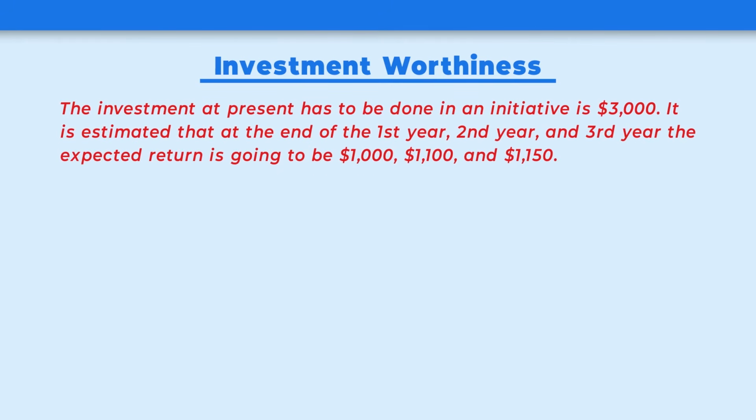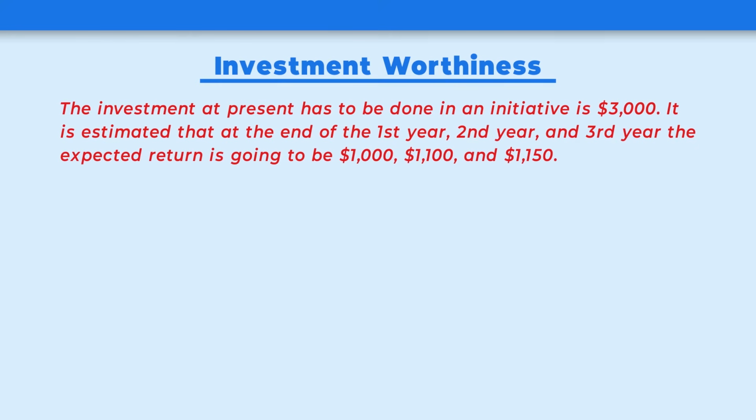Now it's time to look at what we started the video with, which is the investment worthiness. Let's say we consider a case where the investment at present to be done in an initiative is $3,000.